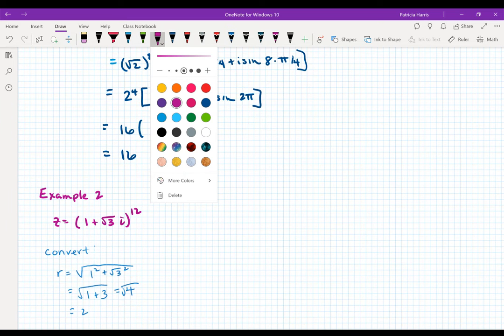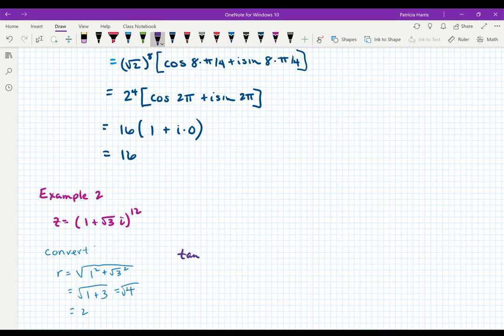All right, now let's work on tangent theta. Okay, we're going to do b over a. Oh, I have to know what quadrant I live in. So again, this is quadrant 1.